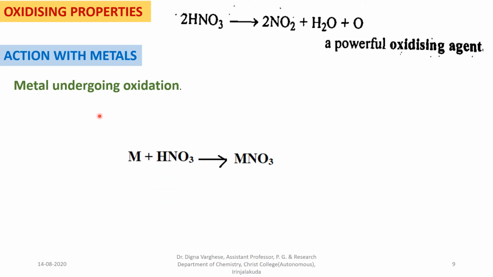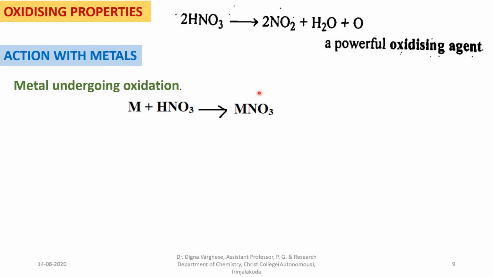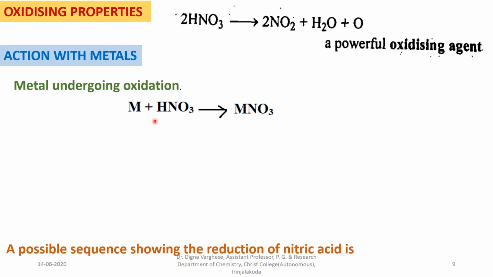Metals undergo oxidation to metal nitrates by nitric acid, and nitric acid undergoes reduction, and the products of reduction of nitric acid depend upon the concentration of the nitric acid used, the temperature, and the nature of the metal undergoing oxidation.